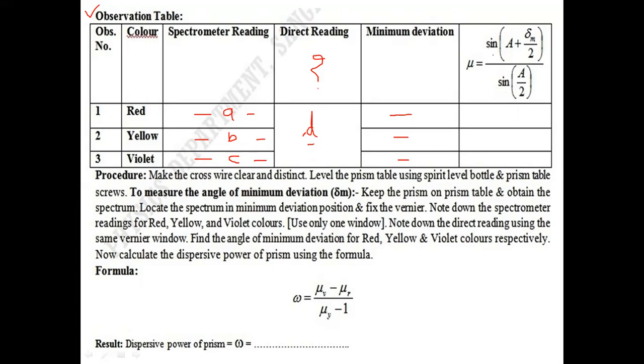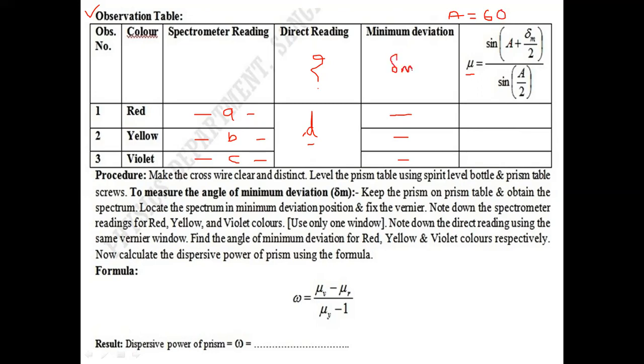Now using this prism formula, that is mu is equal to sine of (A plus delta m) divided by 2, divided by sine A by 2. Now the value of A is 60 degrees. So for A, write over here, A is equal to 60 degrees, and delta m is this value.